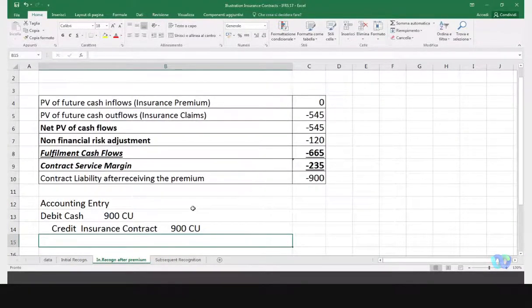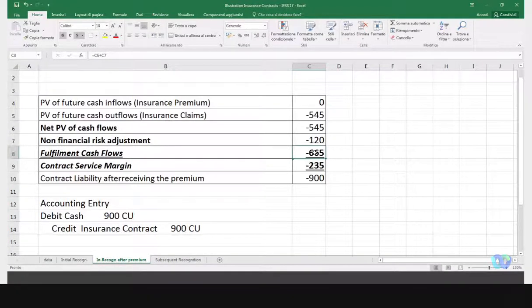Now, this is what we see in the financial statements, but according to IFRS 17, in the notes, I have to disaggregate these 900 cash units into two components, and you see over here. Fulfillment cash flows is 665, whereas 235 is the contract service margin.